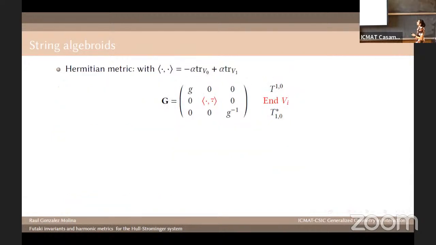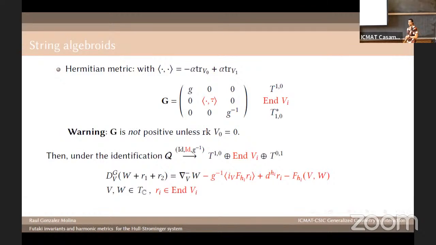Okay, so now this is our new metric with the pairing given by this expression, the bundles V0 and V1, or V1 and V2. And I warn that my metric will not be positive. So it's a pseudo-Hermitian metric, unless I choose to drop one of the bundles, precisely this one with the flipped sign. Okay.